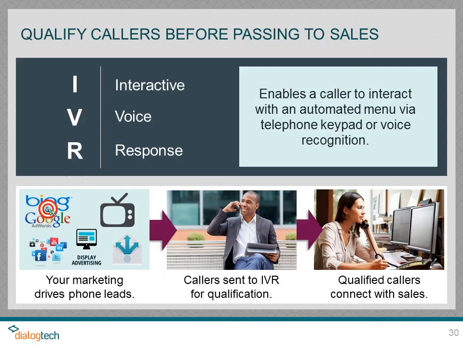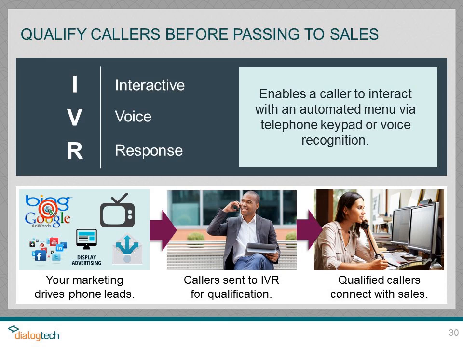So what DialogTech provides is a very sophisticated, easy to use IVR, which stands for interactive voice response. It's an automated phone menu that asks the caller questions in order to properly qualify them before passing them on to sales.